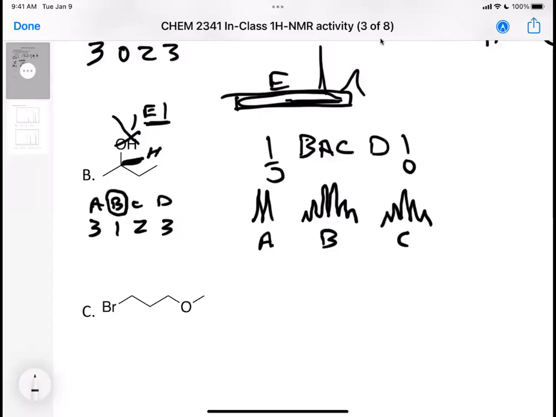So this is starting to make a little bit of sense now, right? You're starting to see where all these things come from. D, we have 1, 2. So that's going to be a triplet. N is 2, so we have our triplet. Okay, so now we can predict where these things should be, right? And so it makes it easier to find them.